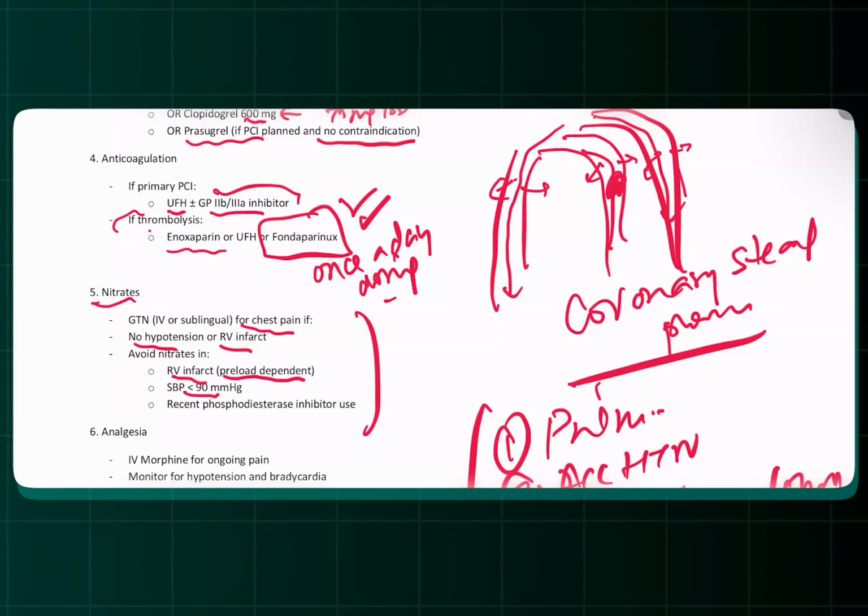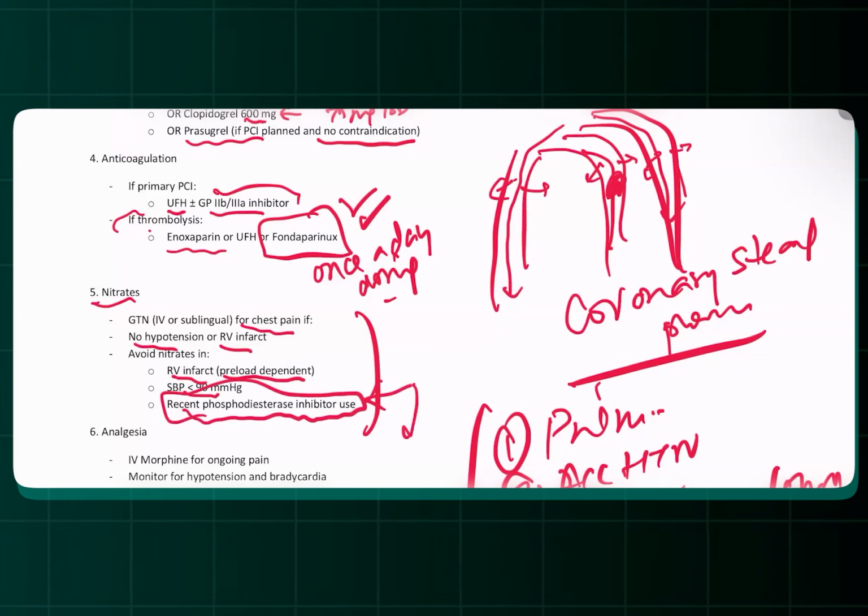When the patient has a history of recent phosphodiesterase inhibitor use, and the use of these, sildenafil and tadalafil, for recreational purposes is also very common. So you have to take the history that the patient has not taken them. Is that clear?